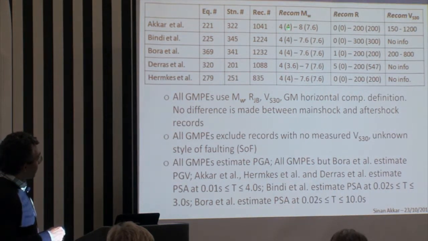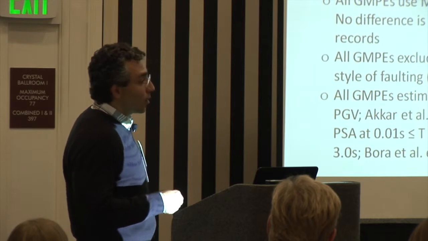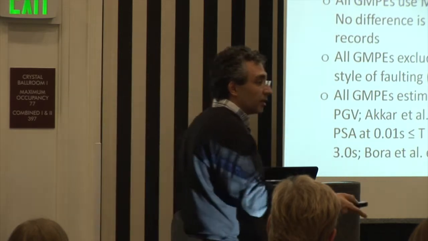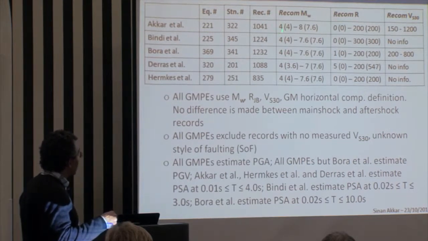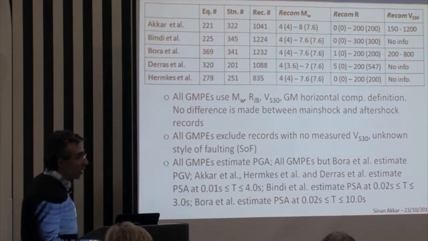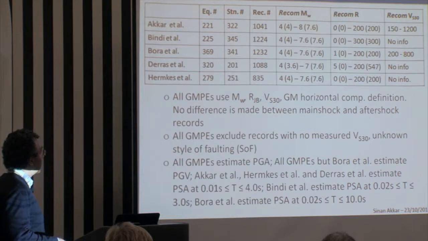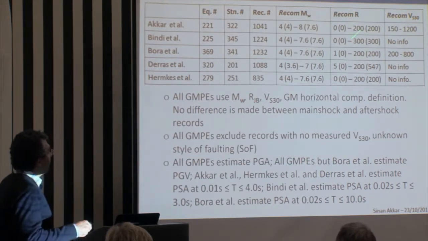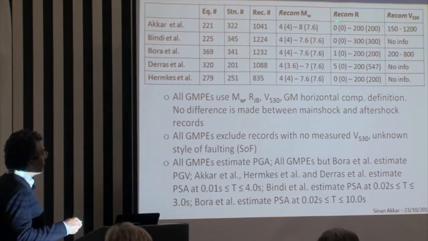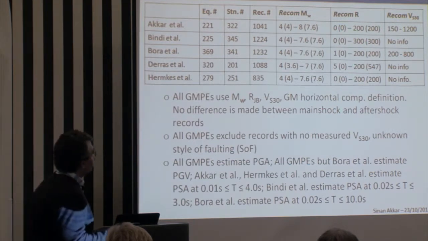The ones in parentheses are used while developing the models, but the ones not in parentheses are the recommended lower level and upper level moment magnitude values by each developer. And again, the same format for distance, recommended distance.